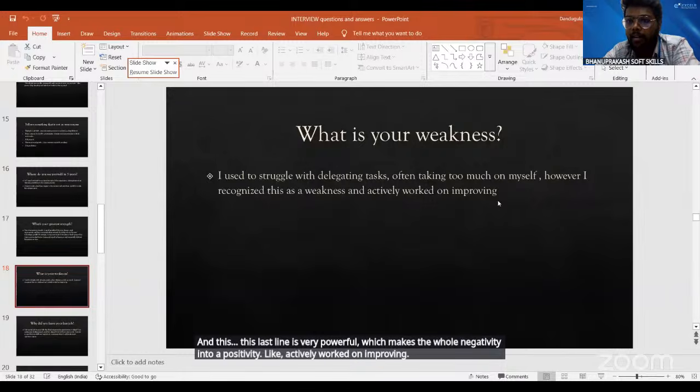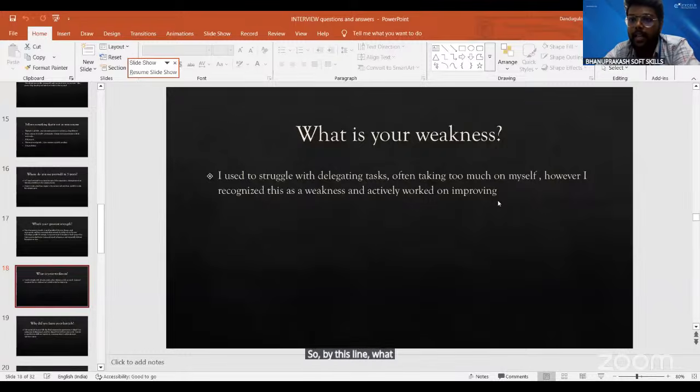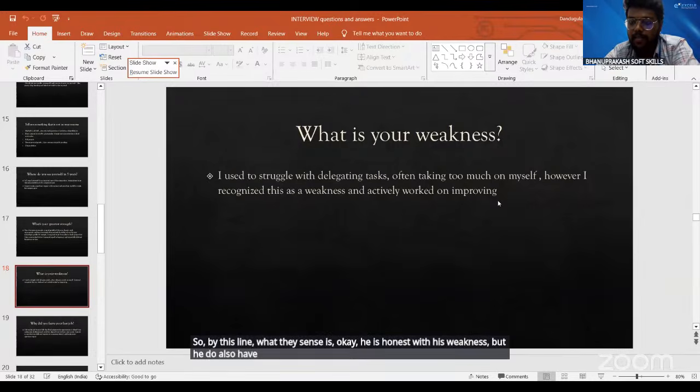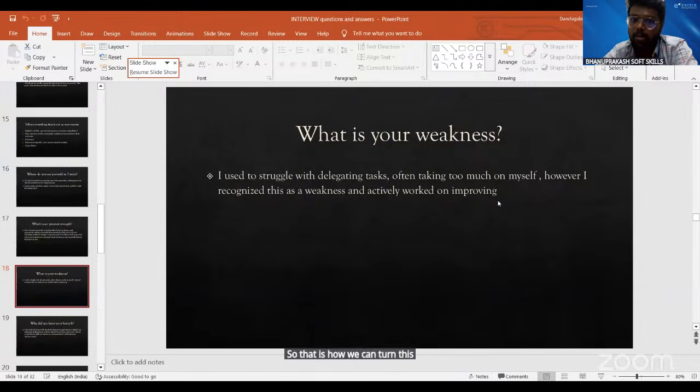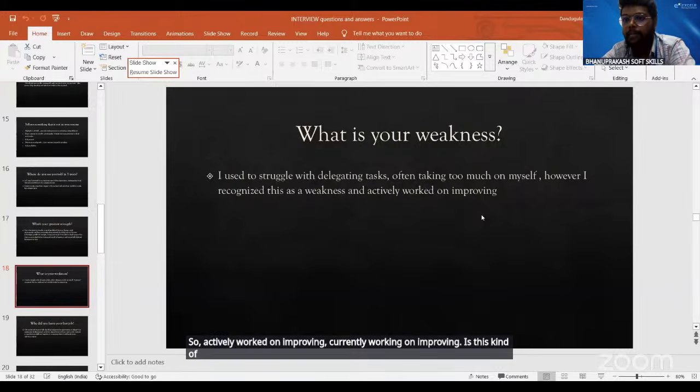By this line, what they sense is, okay, he is honest about his weakness, but he also has this changing skill. That is how we can turn this negative into a positive answer. Words like actively worked on improving, currently working on improving, will change the whole perspective from negative to positive.